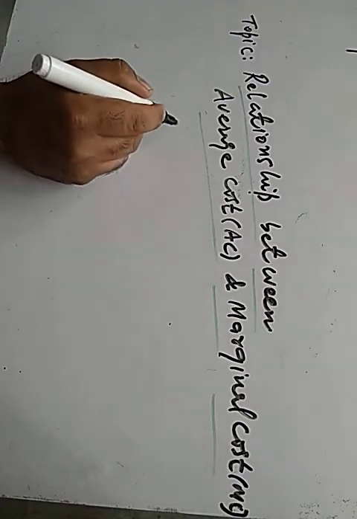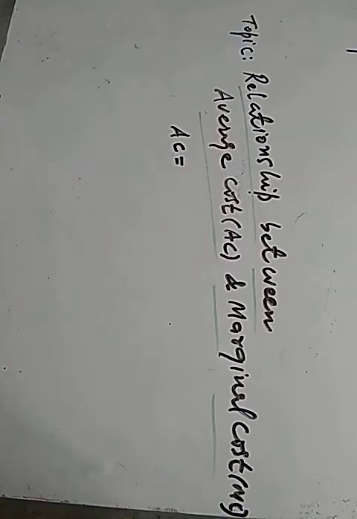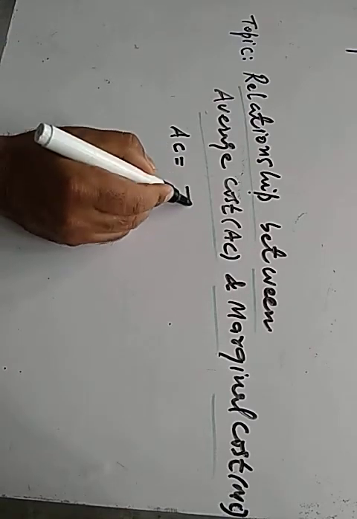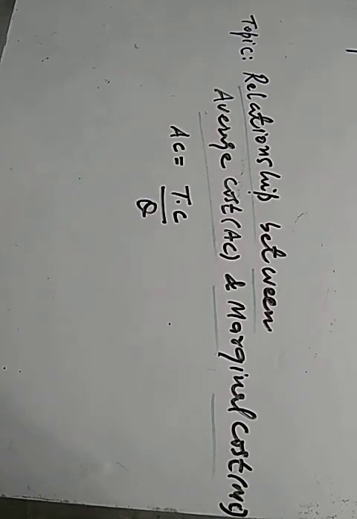Briefly, I will repeat the meaning of average cost and marginal cost in production. Average cost, which is cost per unit of output, is obtained with the help of this formula, that is value of total cost divided by different units of commodity produced at different levels of output.